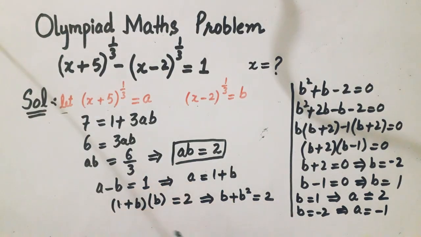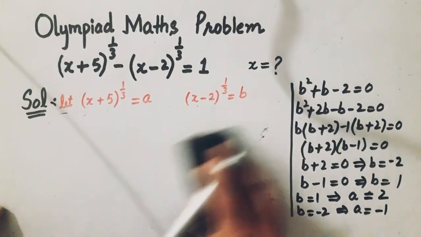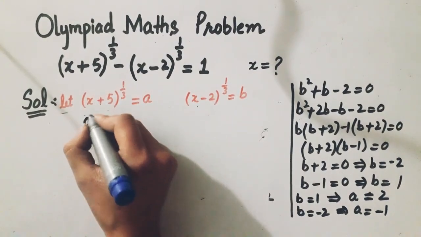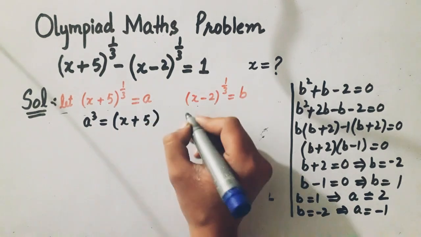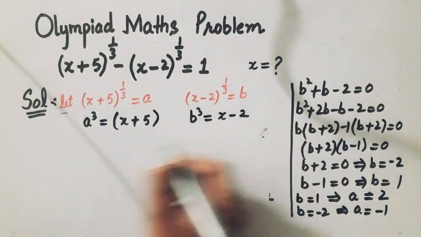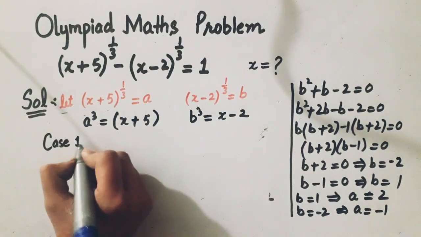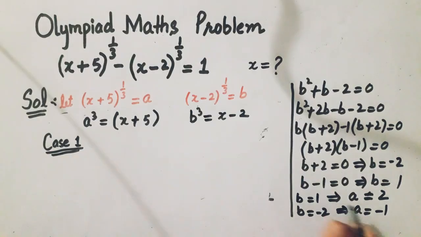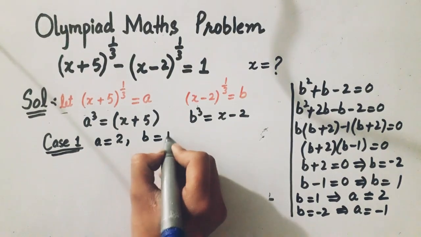So we will write this here, that we have a cube equals x plus 5 and b cube equals x minus 2. Now there are two cases. Case 1, which implies a equals 2 and b equals 1.